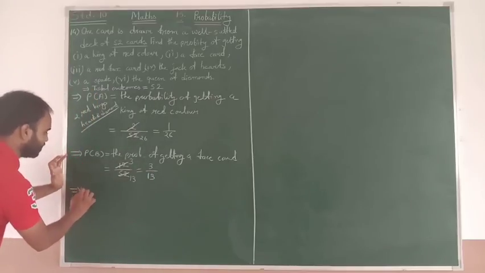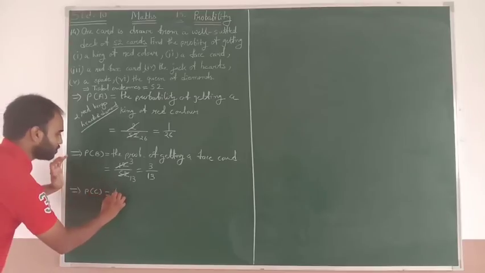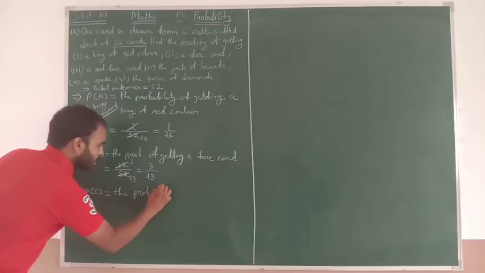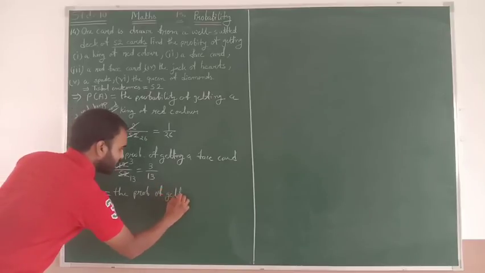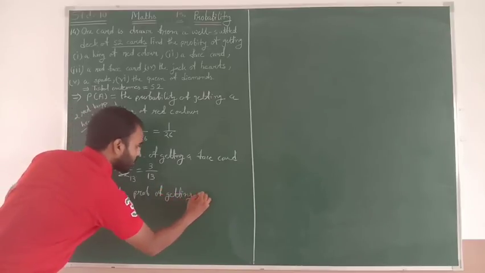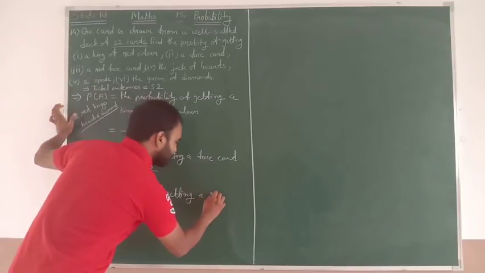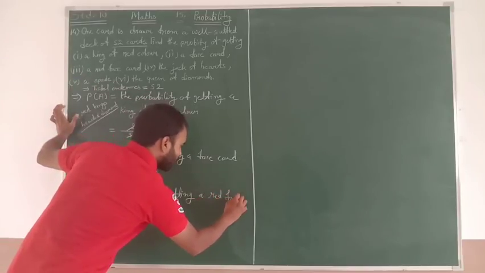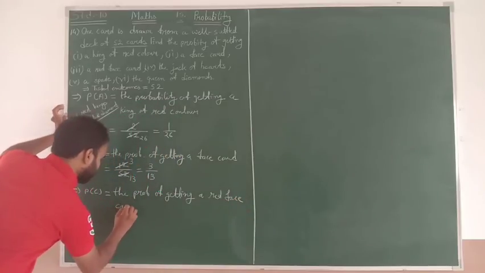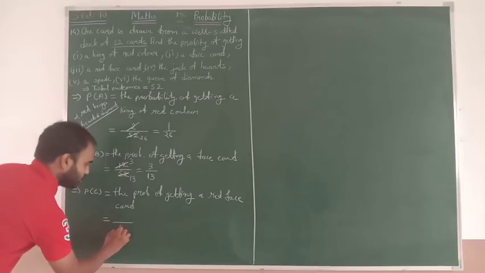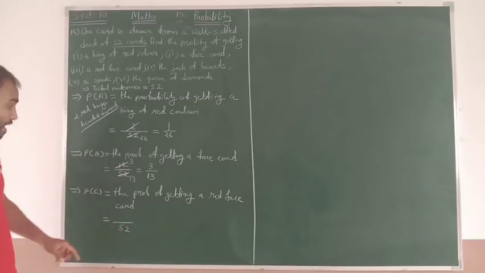Now the next, that is P of C, the probability of getting a red face card. A red face card. So again, total outcomes will be 52.